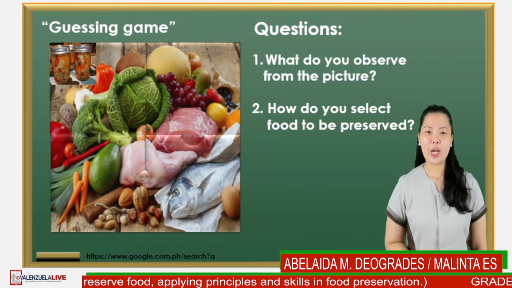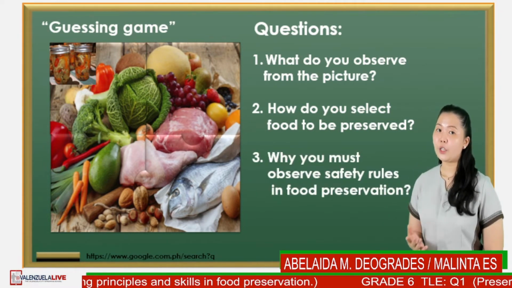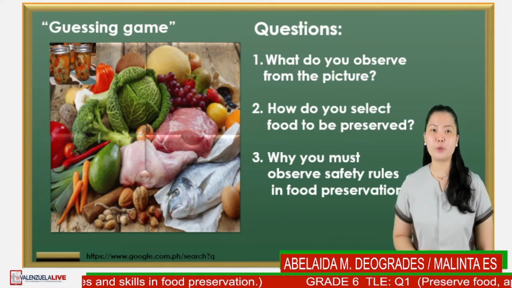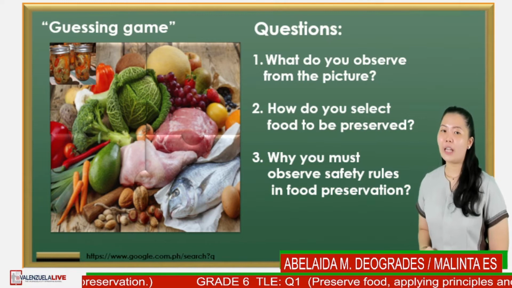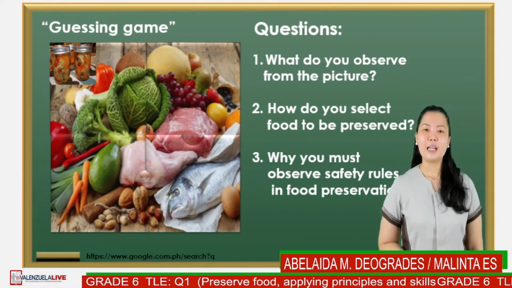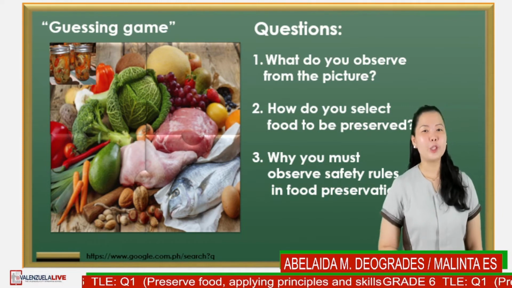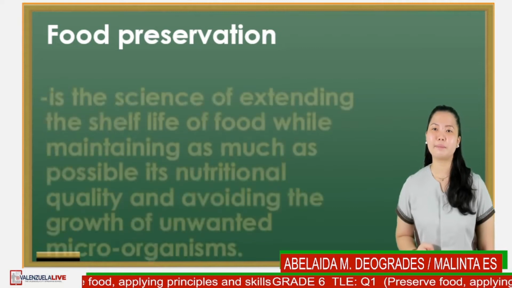Choose fresh and nutritious food. Number 3. Why must you observe safety rules in food preservation? To extend the shelf life of your foods. Very good. By means of food preservation. But what is food preservation?